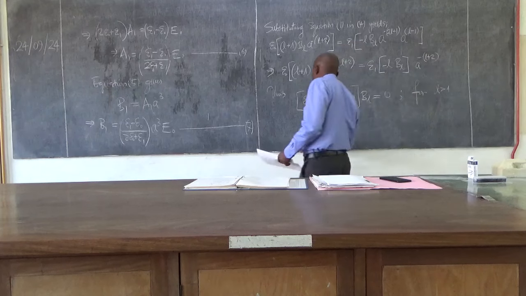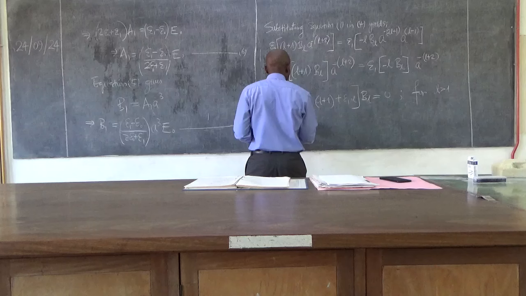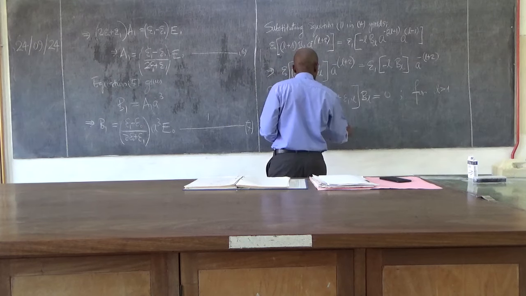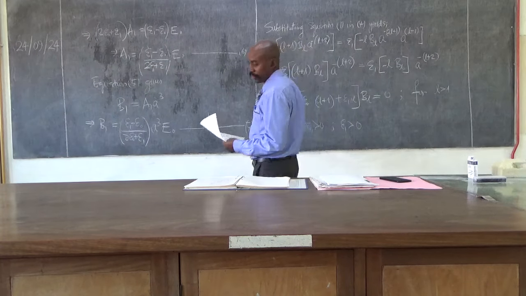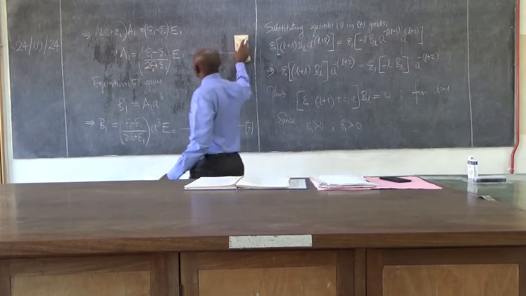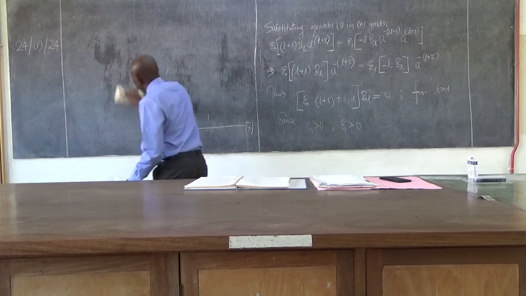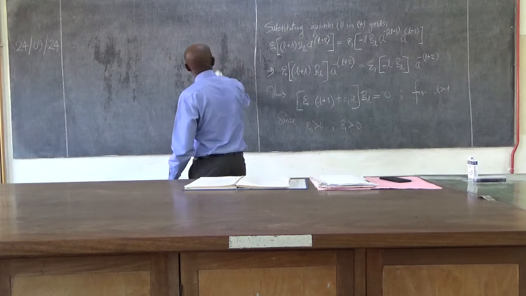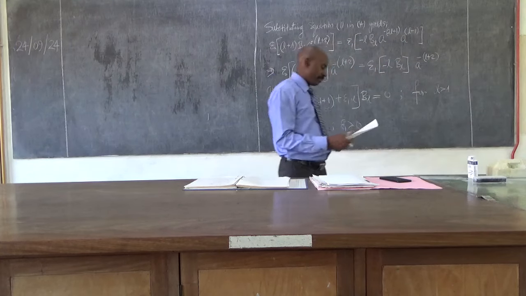Since epsilon naught is greater than 0, then of course epsilon 1 would be also greater than 0, because the permittivity of a dielectric should be far better than that of free space. So if that of free space is above 1, definitely the one of the dielectric sphere is.